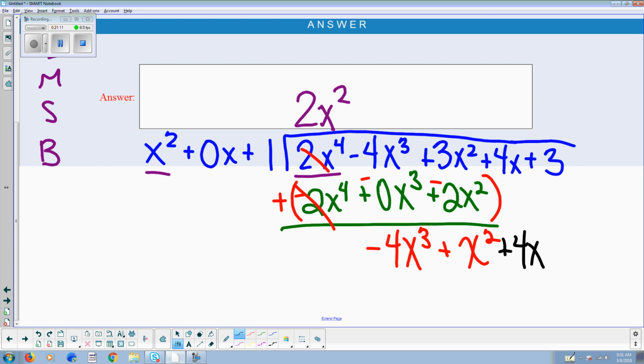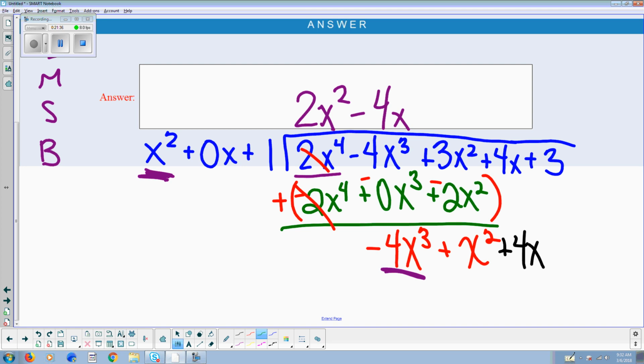Okay, back to daddy. For daddy, we will say, what can I multiply by x squared to give me negative 4x cubed? And that would be negative 4x. Mommy, I'm going to multiply negative 4x by all terms of the divisor.